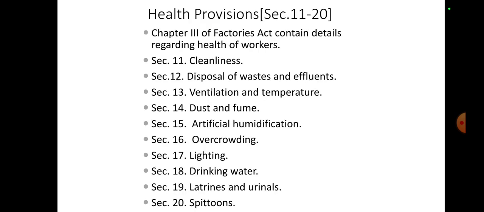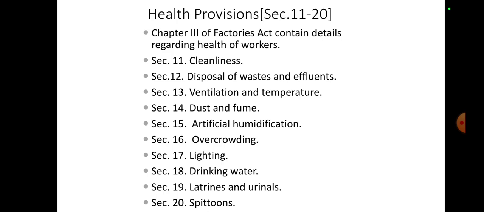Now coming to the health provisions. Because we know that many workers will be working in a factory, because a factory means where we see 10 or more people working with the aid of power or without the aid of power.